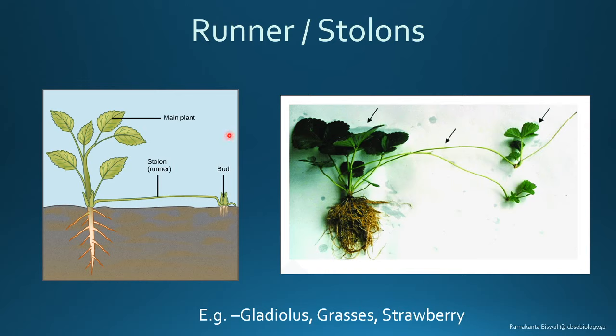In some plants, for example grasses, this particular one is the main plant, so they grow, but there is one particular structure that can go from one place to a second place, and here it again can form a second bud that can grow into the entire plant. And this connection is called the stolon or the runner.